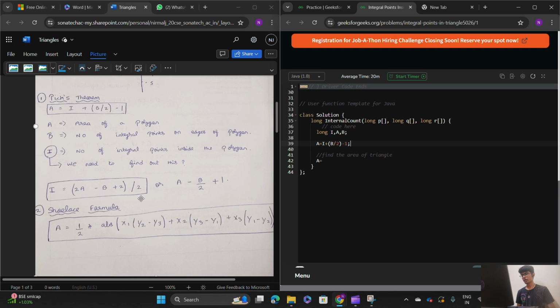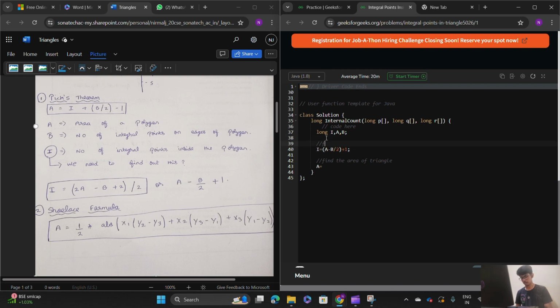When you are going to find out the area for a triangle, you need to use this formula. So forget this formula, and I'm going to write the integral formula I equal to A minus B by 2 plus 1. So just keep it like this.